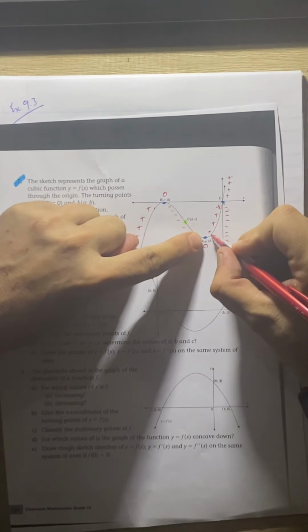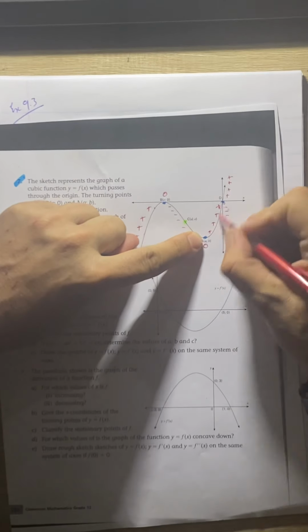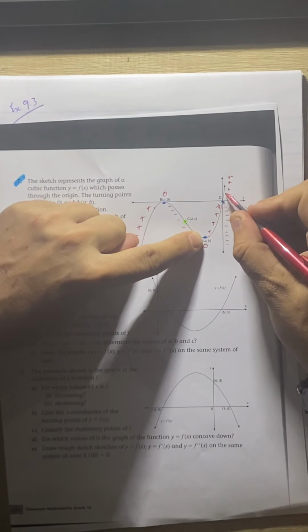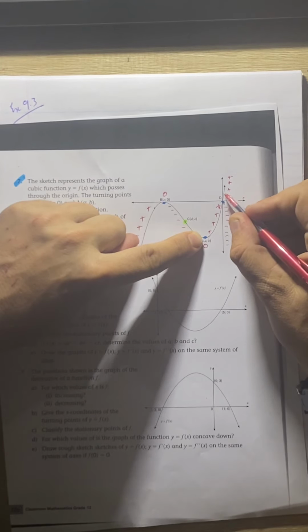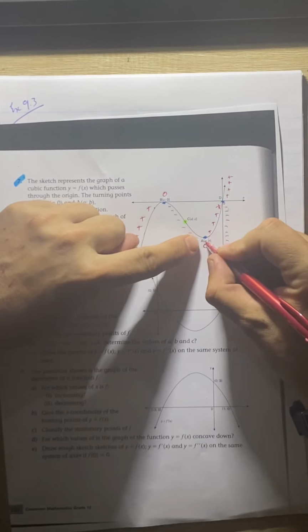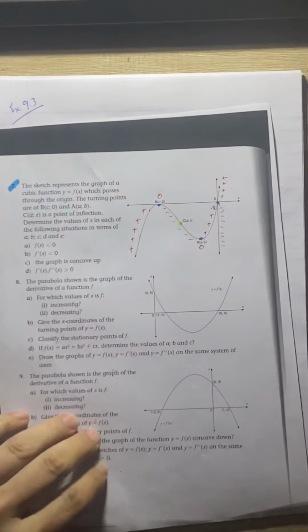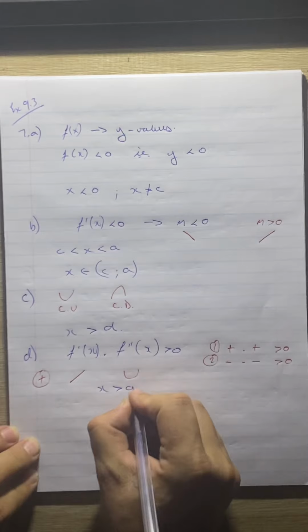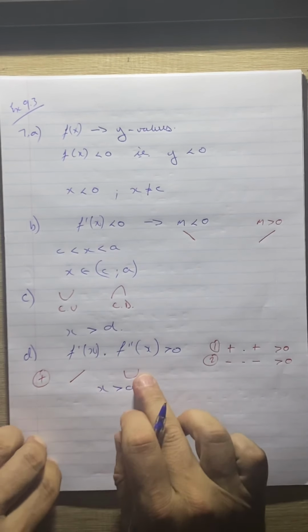But from this point onwards it is still concave up, and now we've got a positive gradient. So we are interested in that point over there. It's going to be x greater than a, where it's positive and concave up.